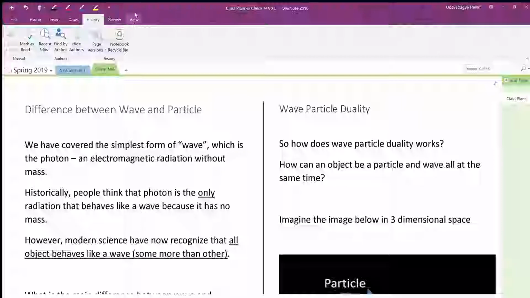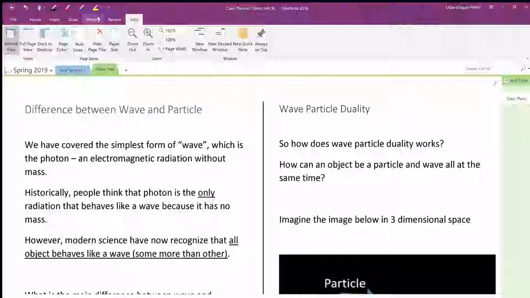If you haven't taken physics, sometimes it becomes unclear what the difference between a wave and a particle is. And especially you want to know what is a wave and what is a particle before you understand wave-particle duality. Particles are basically any other object that you interact with every day.